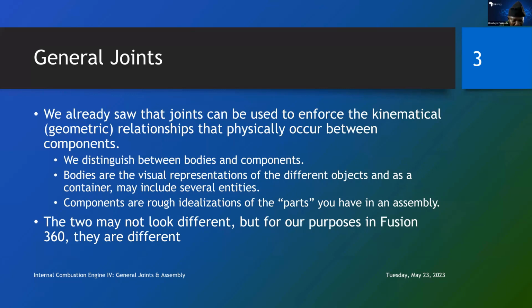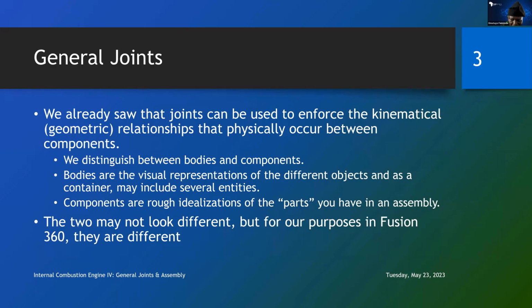But in components, you can take one component and say it must have this kinematical relationship with another component. With that, you can have drawings that behave like real-life objects. If you're just working with bodies, if you move them, they can pass through one another, things that cannot happen in real life. So reality is far from just dealing with bodies. You have to deal with components if you want to implement some real-life motions and displacements in your design.